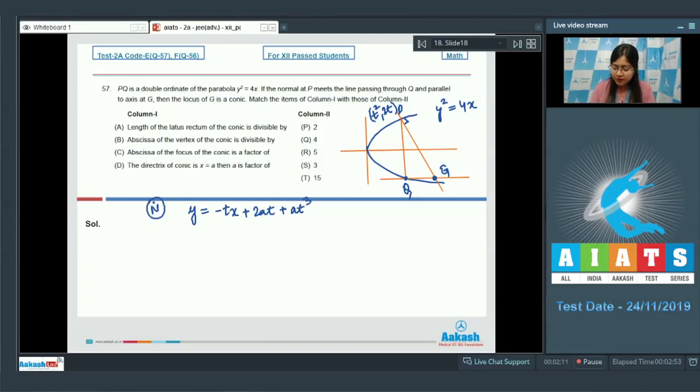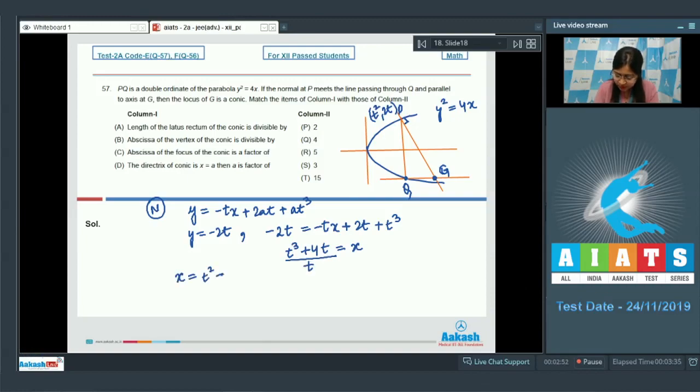Now to find point G, let us put y equal to minus 2t. So we will get minus 2t equal to minus tx plus 2t plus t^3. That is t^3 plus 4t is equal to tx. So x is equal to this divided by t. So x is equal to t^2 plus 4. So this is the x coordinate of point G.